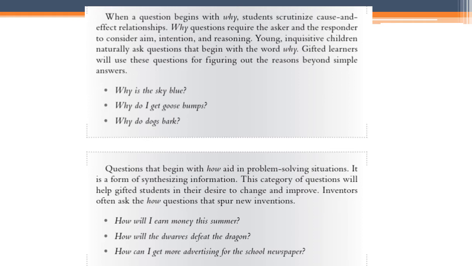Now, if you are asking the gifted learner how questions, it's like you are asking about the process of making into this information. So, questions that begin with how aid in problem-solving situations.